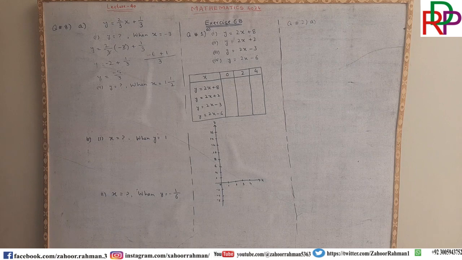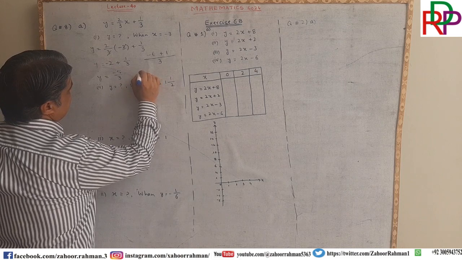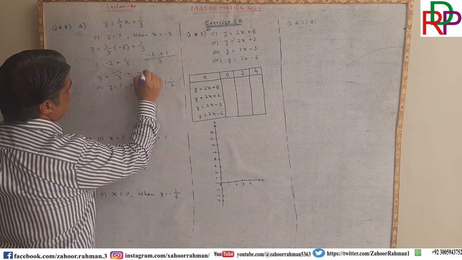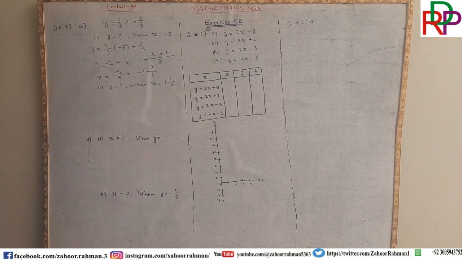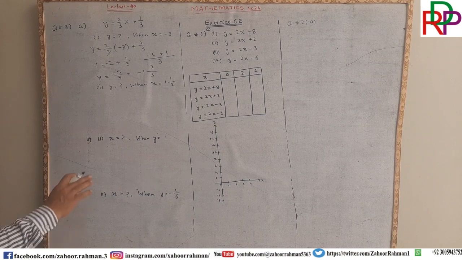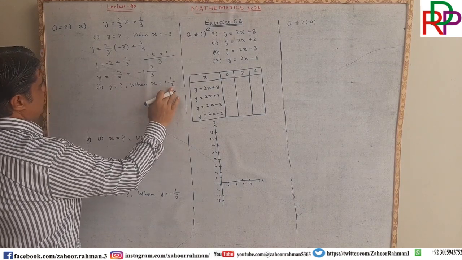And when we divide this 5 by 3, it will give you minus 1 whole 2 over 3, and that is the answer.